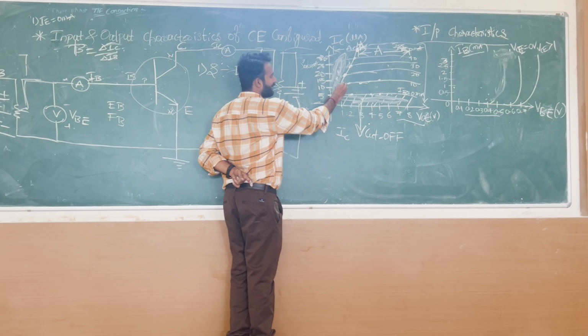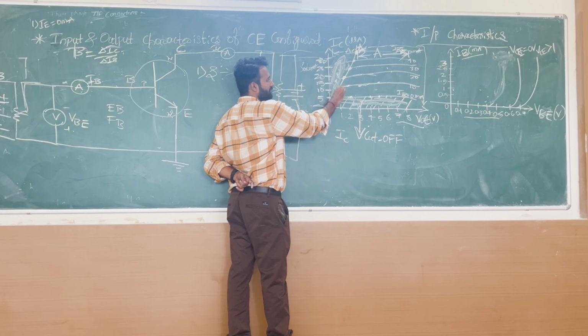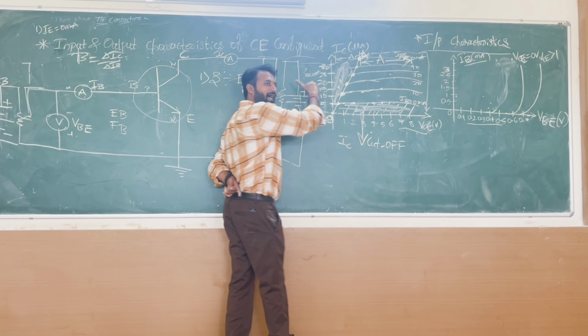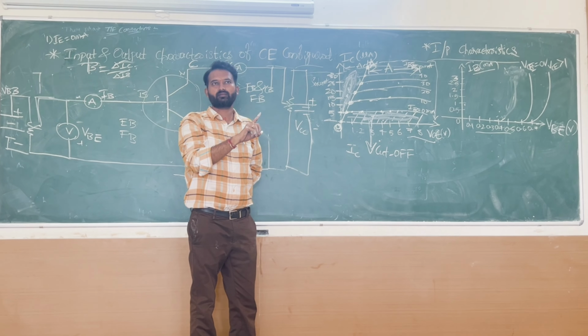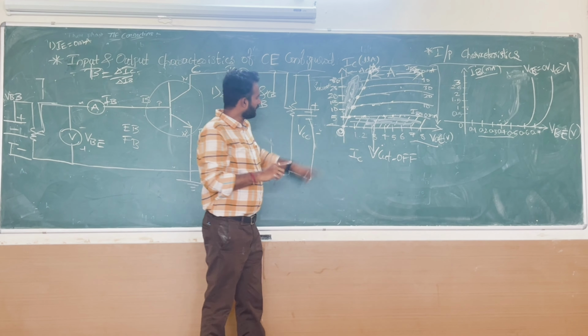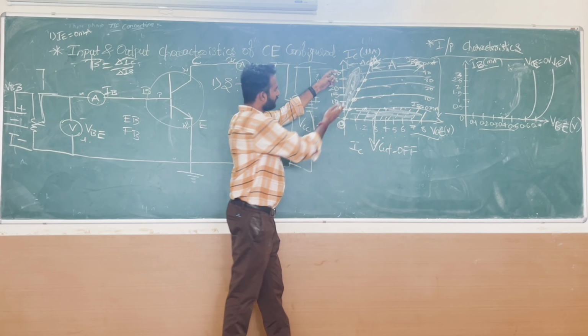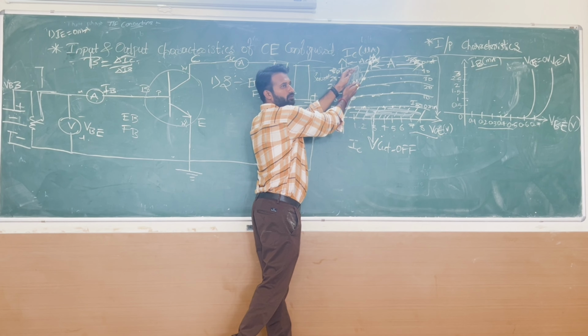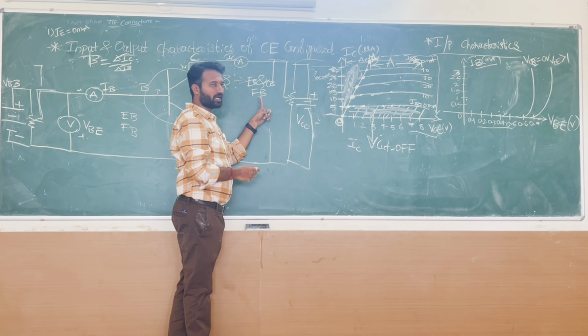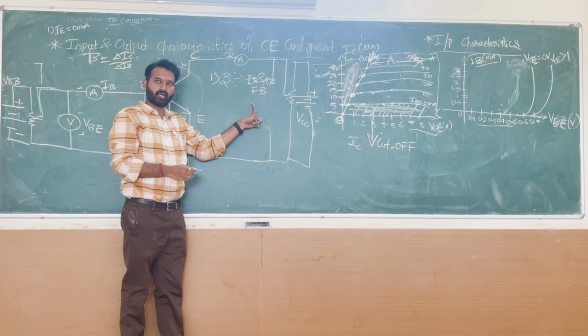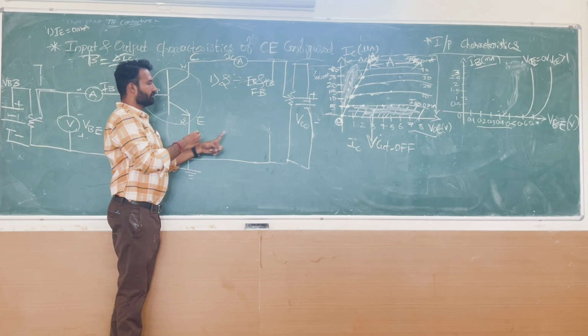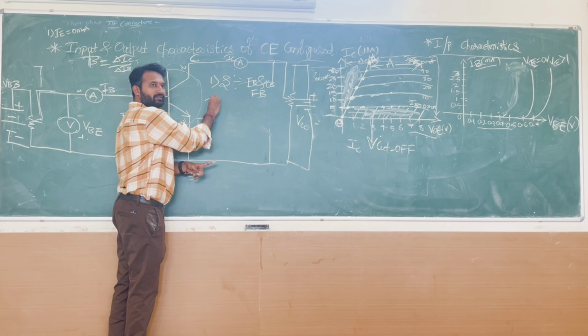Even I have a current IB. I have both currents, IC and IB, in this region. That's why EB and CB are under forward bias. Understandable?